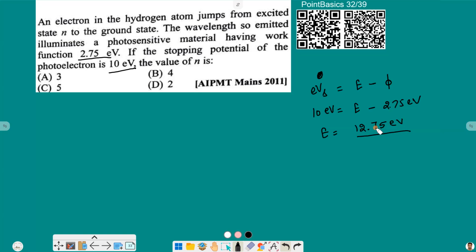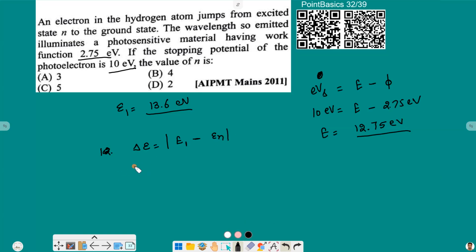Now this energy has to be the difference between the two levels, and for the ground state we have minus 13.6 electron volt. So this transition is basically happening from the nth level to the first level, which is also mentioned in the question. As we know, delta E will be equal to modulus of E1 minus En.